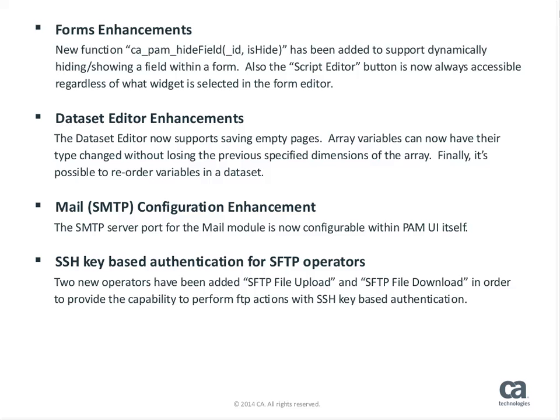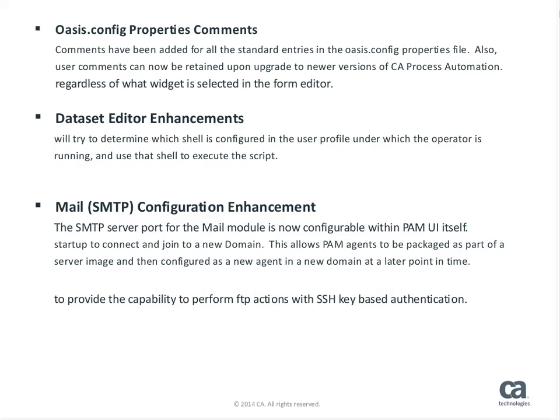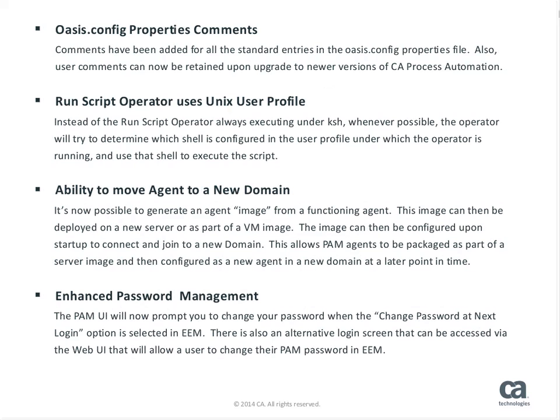Another request that we've had for a while is, in our oasis.config properties file, there are several standard configuration items that we have, but previously we didn't have comments for those standard items. And in addition to that, if you added your own comments, when you would upgrade PAM, those comments that you added would be overwritten.